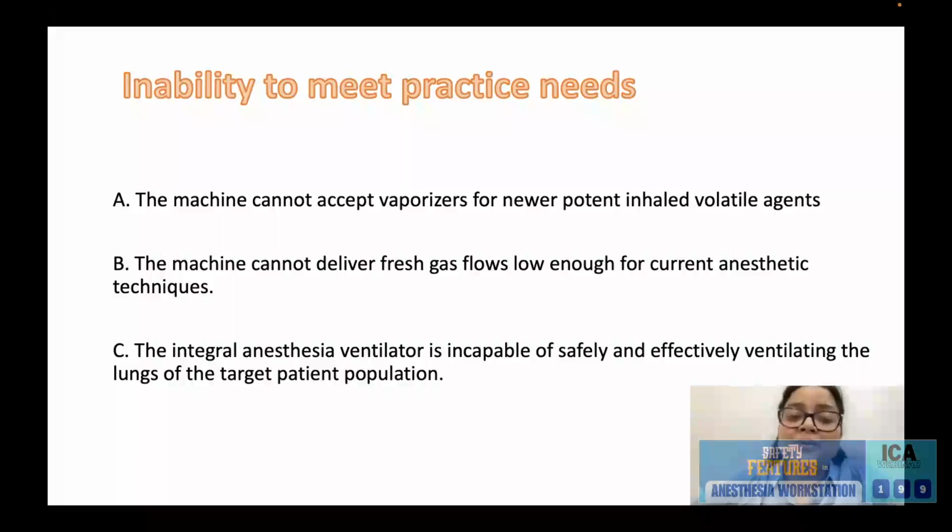So this means that newer agents, techniques or ventilators may not be compatible with the older anesthesia machine. If we want to use the newer agent or technique, and it is considered necessary for optimal patient management, then we can obviously obtain a new anesthesia machine.